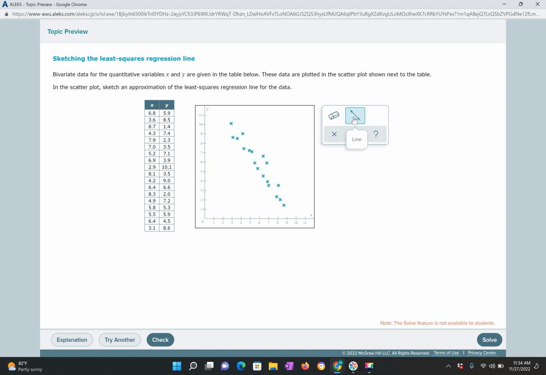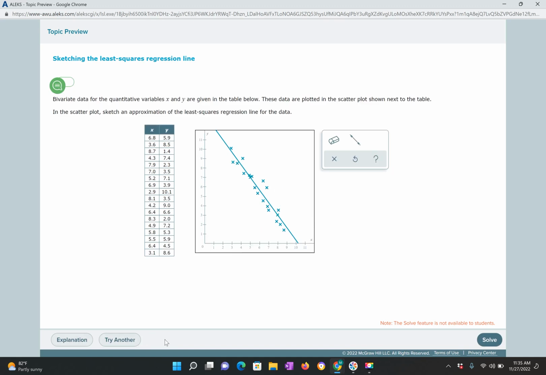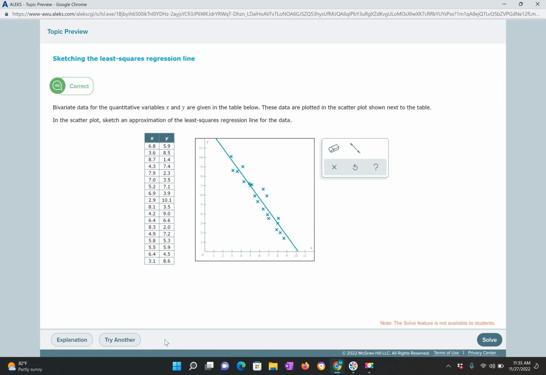For example, in this question, they're simply asking you to sketch the least squares regression line. And so basically you're grabbing a center point and you're literally clicking until you think it's somewhat in the middle, and then you basically just check. So you're guesstimating basically.